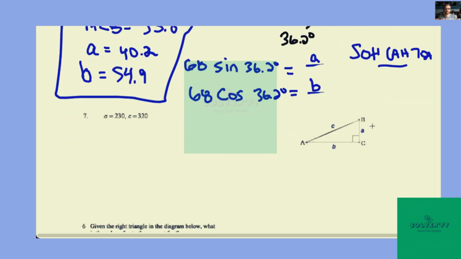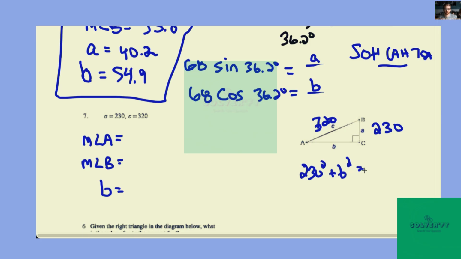If A was 230 and C was 320, we want to solve the triangle. So we need to find the measure of angle A, the measure of angle B, and we need to find side B. We can find side B using the Pythagorean theorem. 230 squared plus B squared equals the hypotenuse squared.